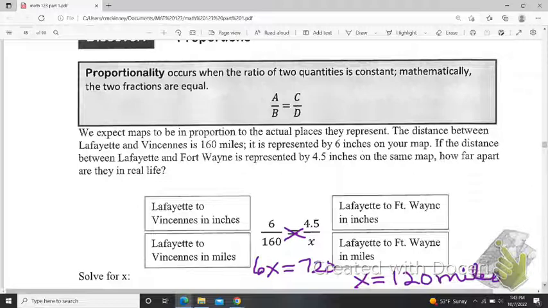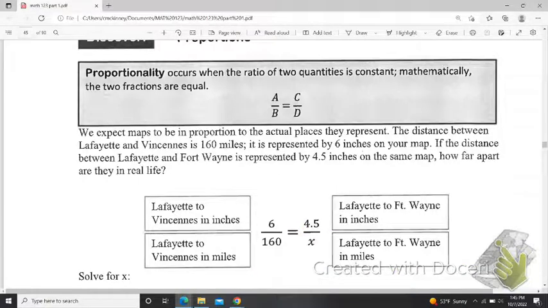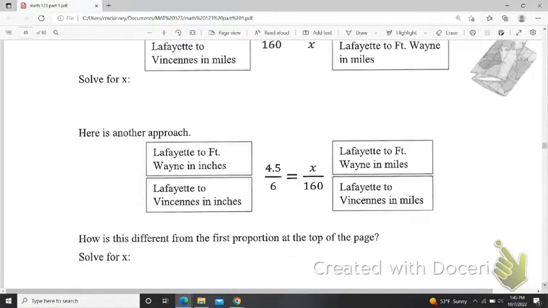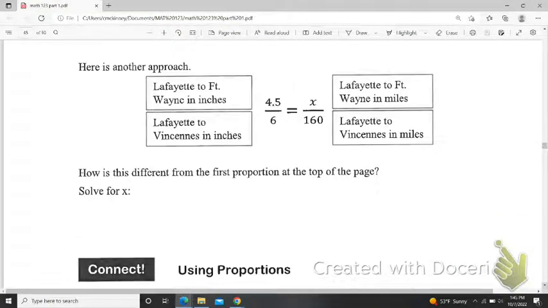Notice that below this on your paper, instead we could have set up Lafayette to Fort Wayne, and we could have done inches over inches equals miles over miles. So it's set up differently in that now it's not a rate, it's not inches per mile, it's inches to inches, miles to miles.